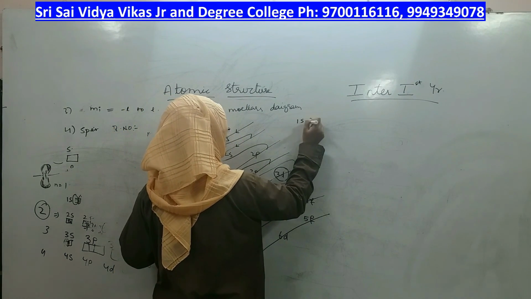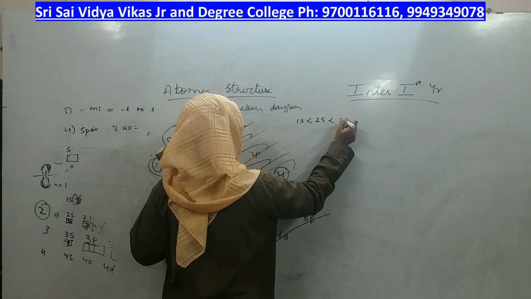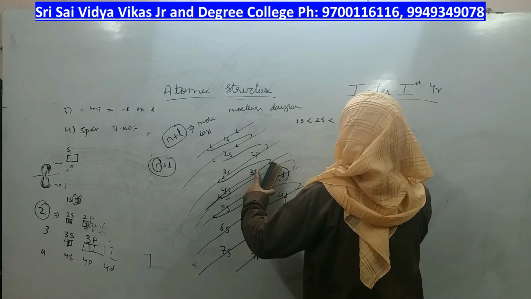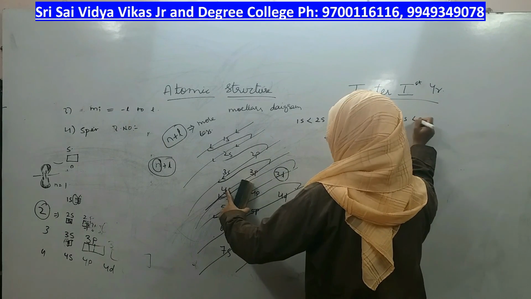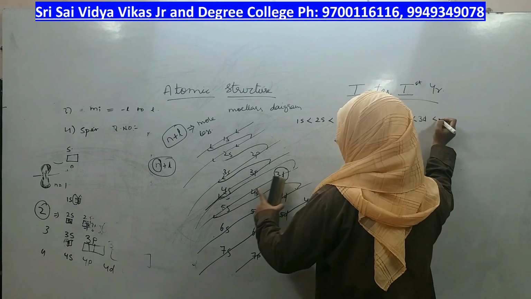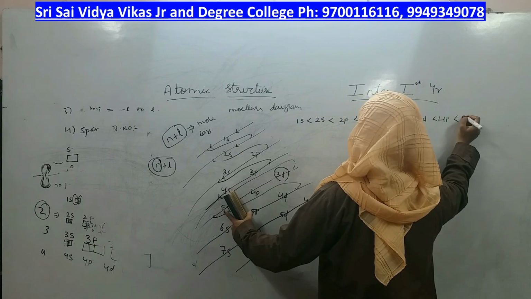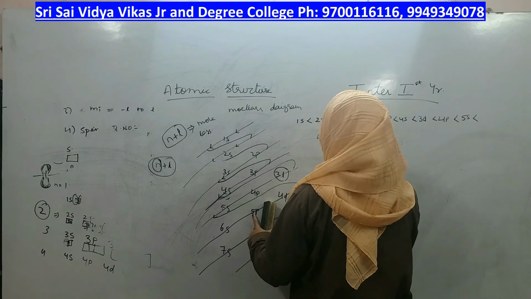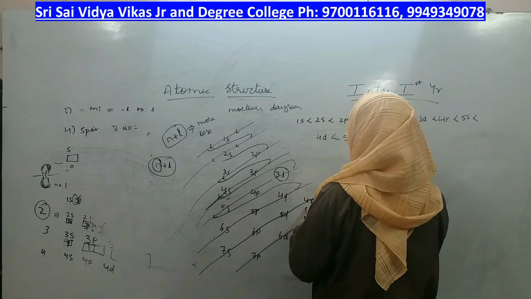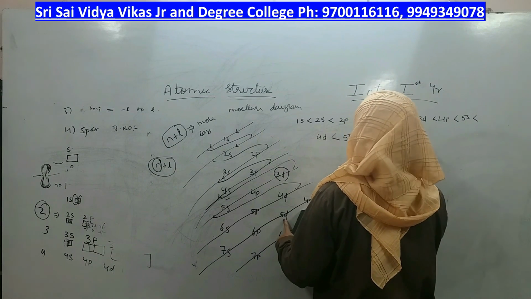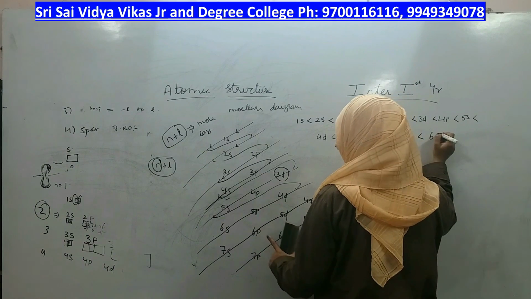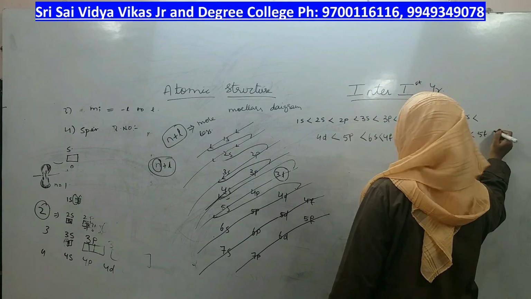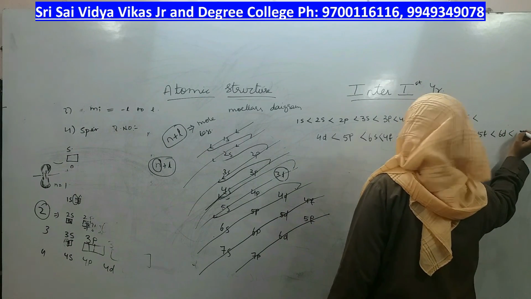Lowest energy is 1s, then 2s, then 2p, then 3s, after 3s, 3p, after 3p, 4s, after 4s, 3d, after 3d, 4p, after 4p, 5s, after 5s, 4d, after 4d, 5p, after 5p, 6s, after 6s, 4f, after 4f, 5d, after 5d, 6p, after 6p, 7s, after 7s, 5f, after 5f, 6d, after 6d, 7p.